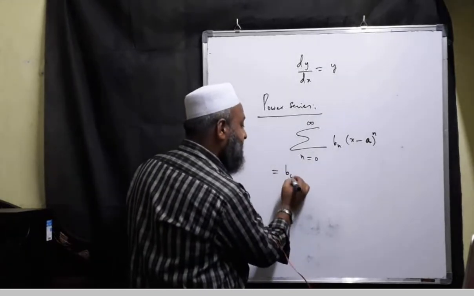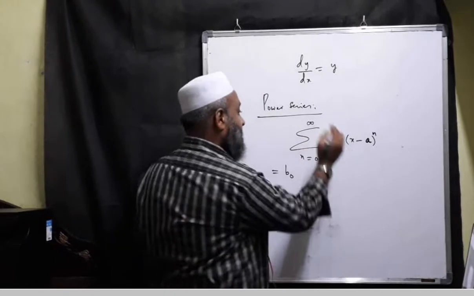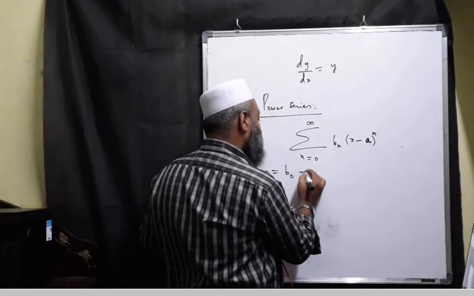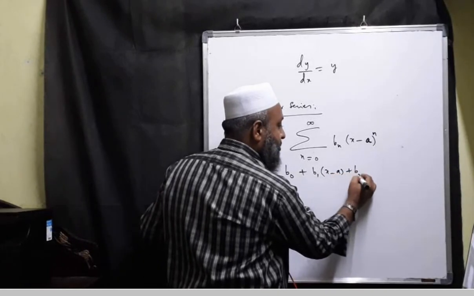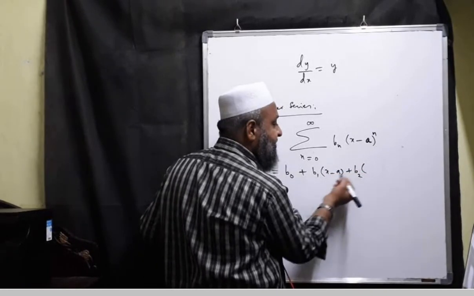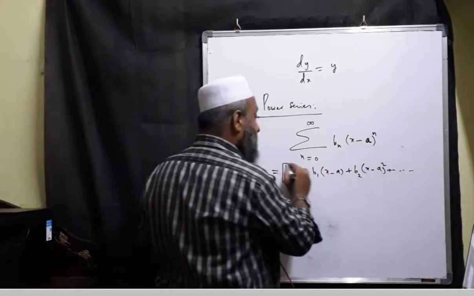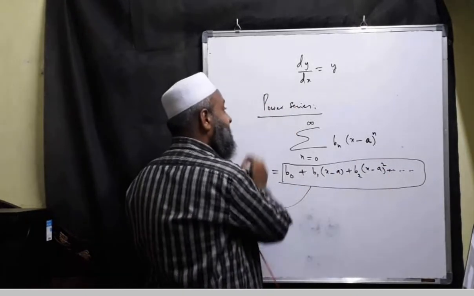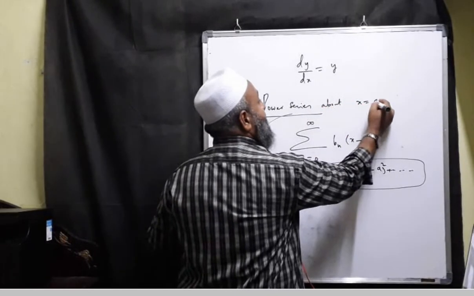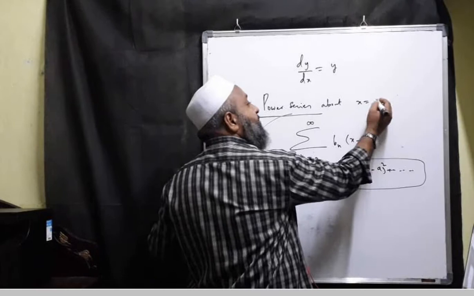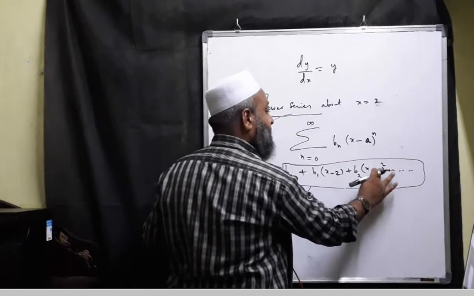Some constant b naught, with power 0 it will reduce to 1, plus some constant b1 into x minus a, plus some constant b2, the coefficient of this term, x minus a whole square, plus so on. This we call a power series about x is equal to a. Suppose I want to say power series about x equal to 2, it will be this one.